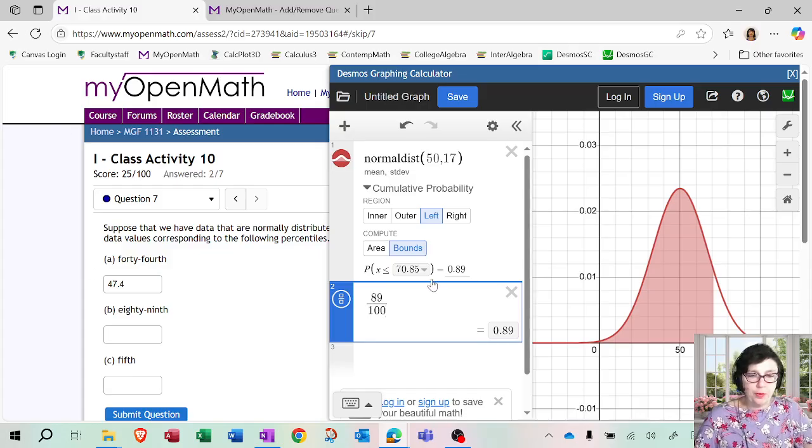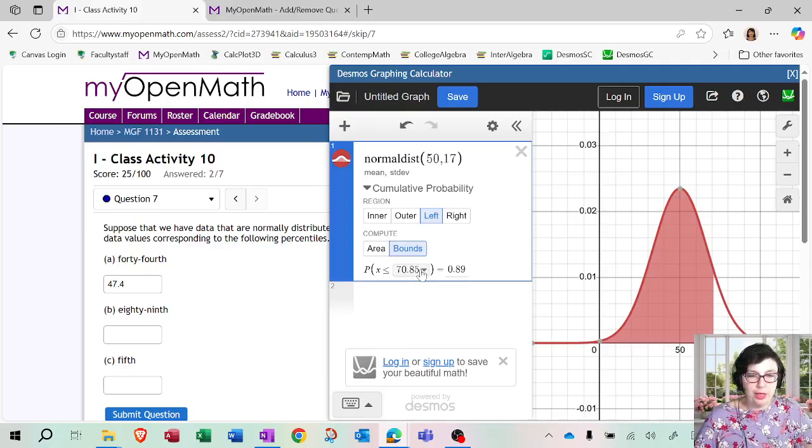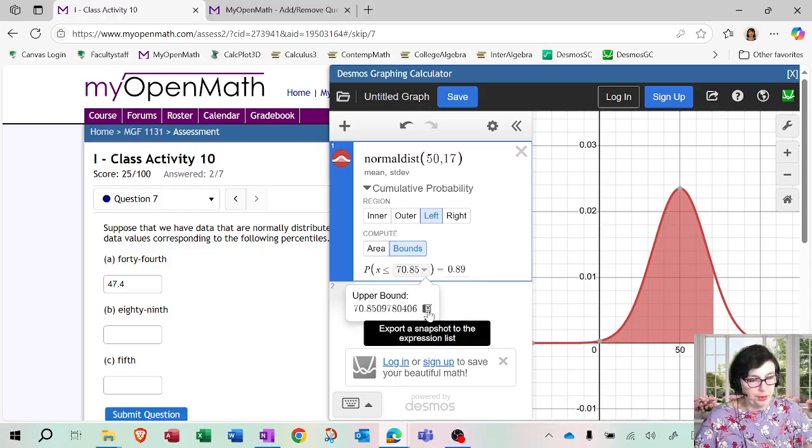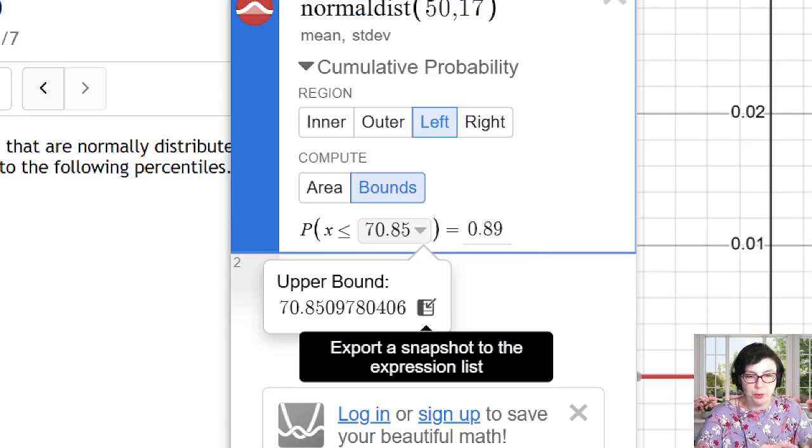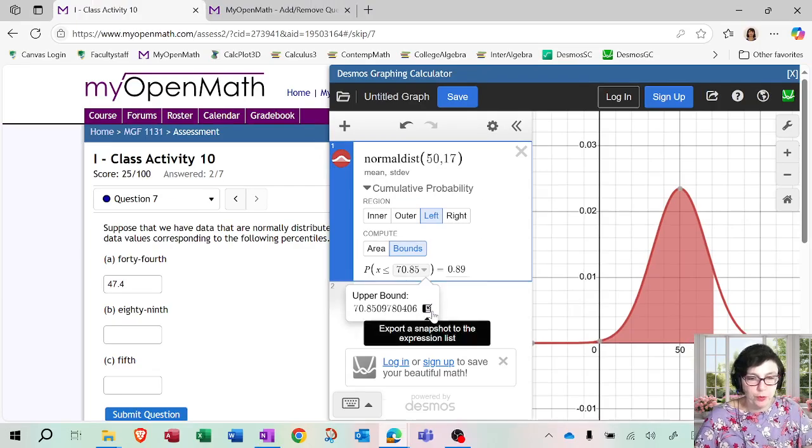Now, here we want to round to one decimal place, but be careful because sometimes because of rounding, especially if the number ends with a 5, you may actually get this wrong. So here's what I recommend. You're going to go ahead and click on the little drop down. It tells you the bound, but you can click on the little arrow here that says export a snapshot to the expression list, which is what I will do.